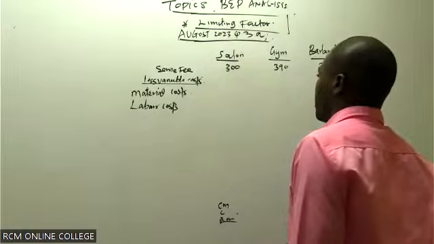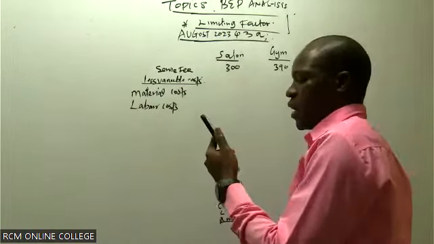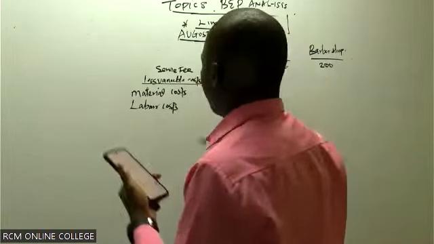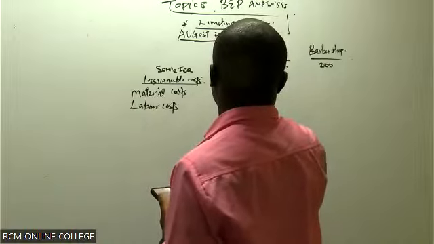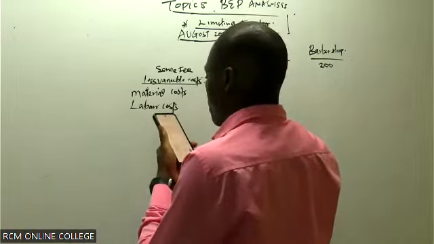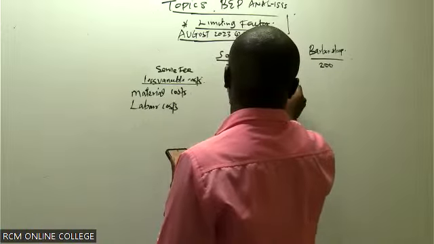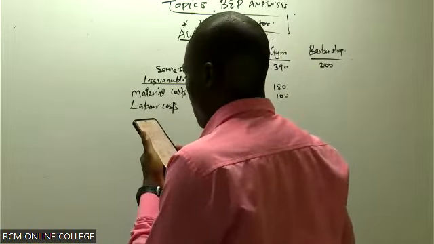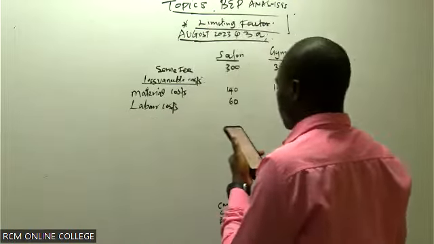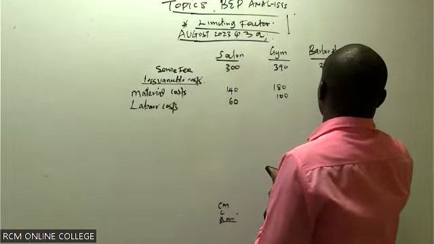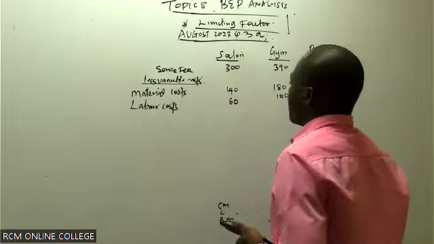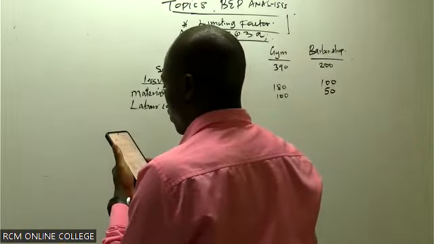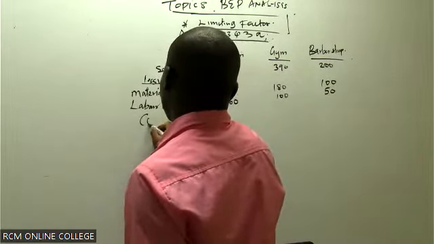We know that they are variable. Now, our variable material cost is 140, 60, we have 180, 100, we have 150. If that is done, we are going to get what we call contribution.